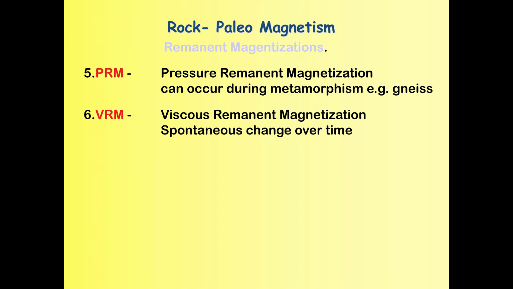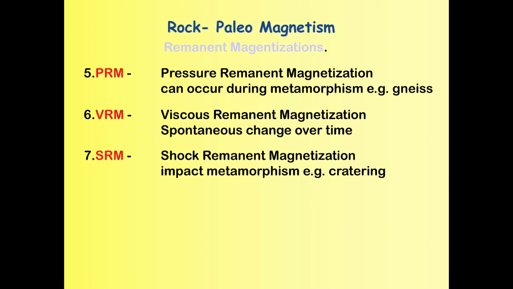In fact, we find that the remnants changes over time, in much the same way that you can get dissipation of heat from a substance. There's going to be random fluctuations, which just mean that domain walls can move and magnetic moments can move, and ultimately magnetizations do decay away.